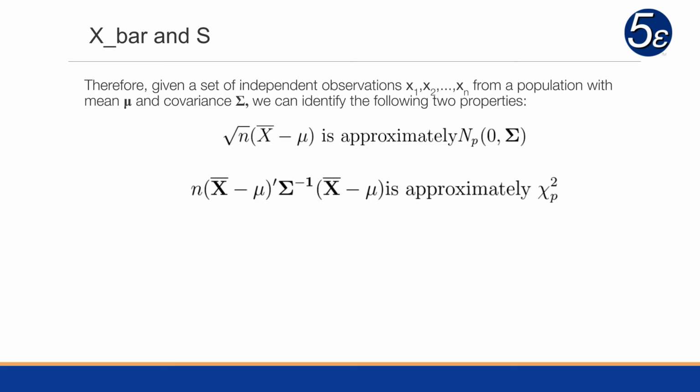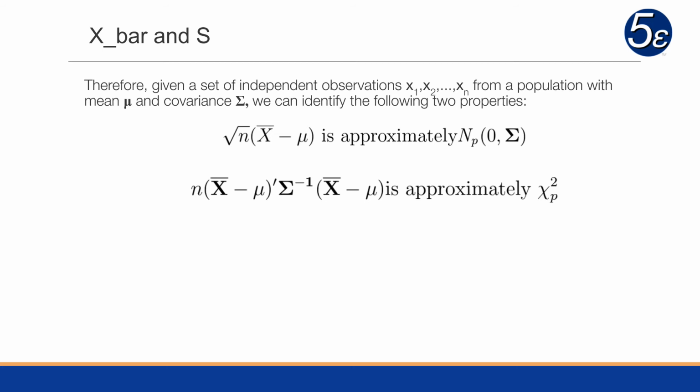Therefore, given a set of independent observations from a population with mean vector mu and covariance matrix sigma, we can identify the following 2 properties. The square root of n times x bar minus mu is approximately N_p(0, sigma), meaning that this value, the square root of n times x bar minus mu, is approximately multivariate normal with 0 mean vector and a covariance matrix.